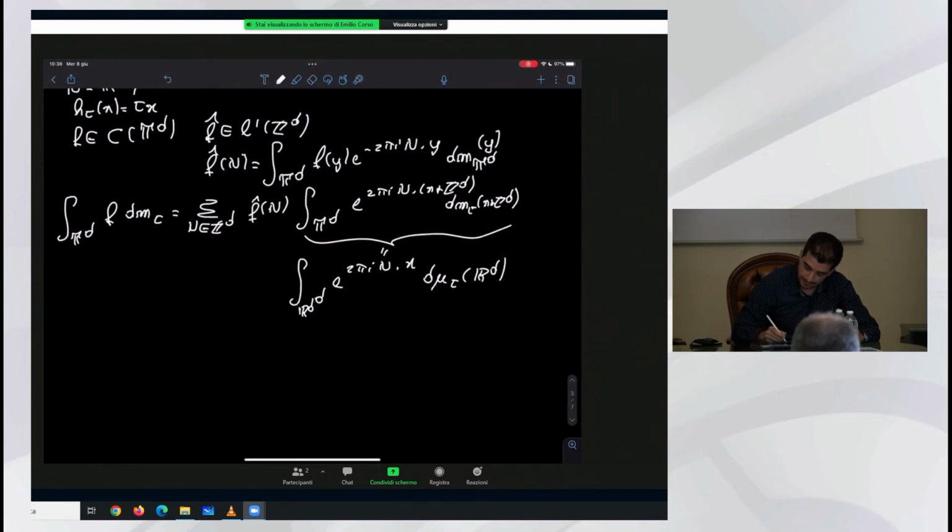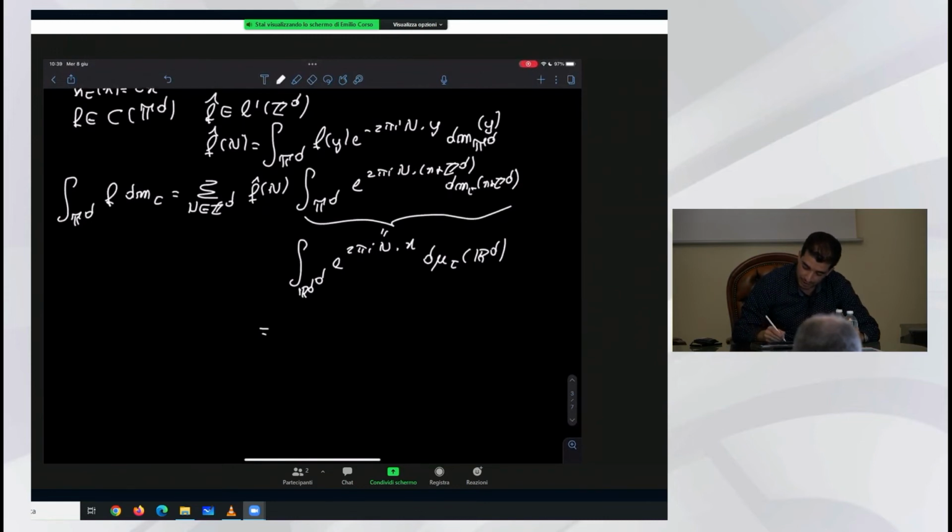But here I can write again, mu_t is the push forward under my dilation h_t. So this I can write as the integral over R^d of e to the 2 pi i t n dot x d mu.